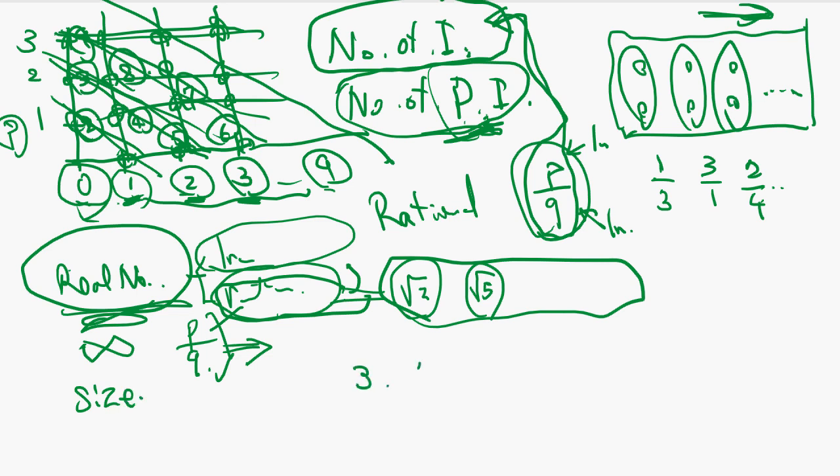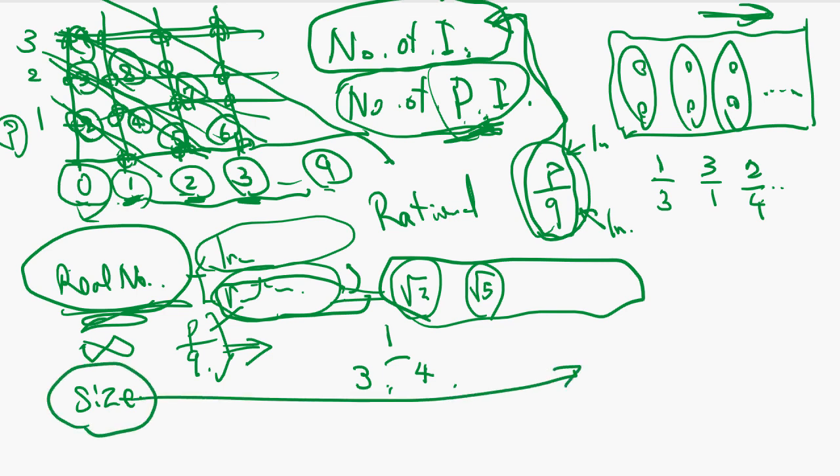Size 3 or size 4, it's easy, right? The size difference is 1. But infinite has a size, and this type of infinite is larger than this type of infinite.